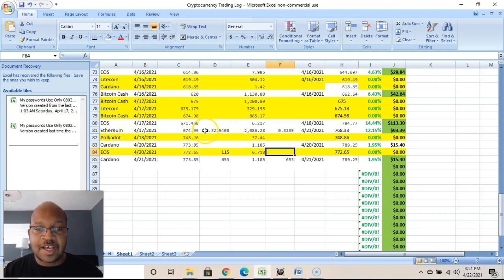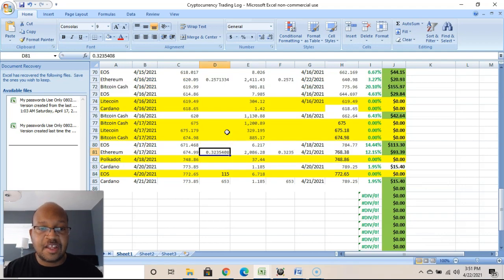One was at a volume of 0.3235, and the other one here was at a volume of 0.2571. Now, if I didn't have those two numbers in place, I could have gotten confused, and when both sales happened the same day, I could have put the wrong sell amount for the wrong order, if that makes sense.